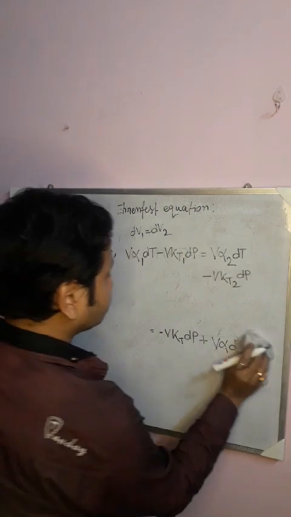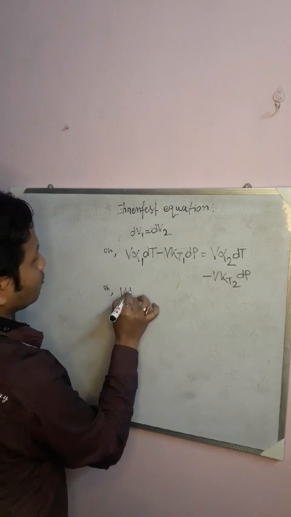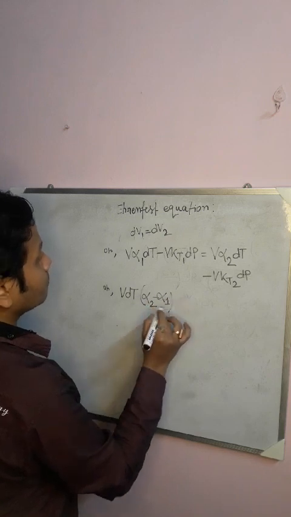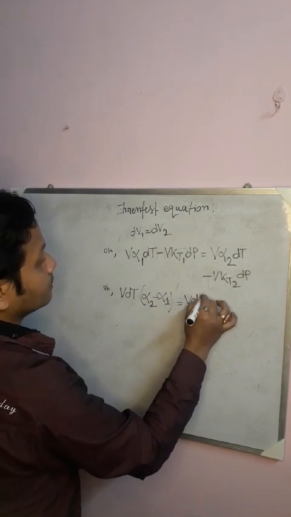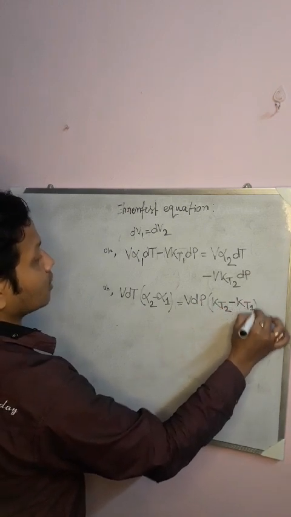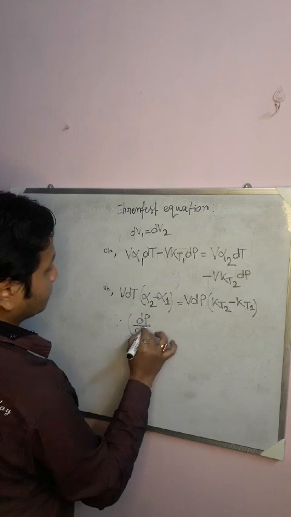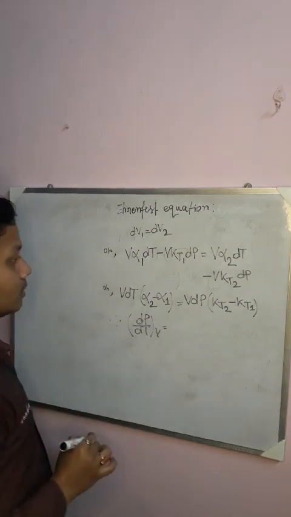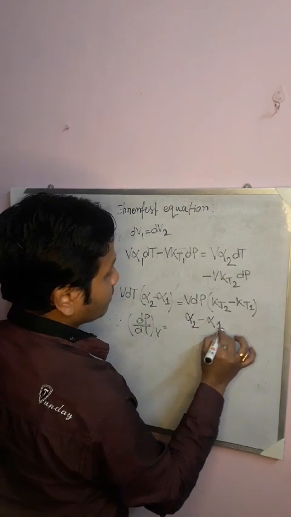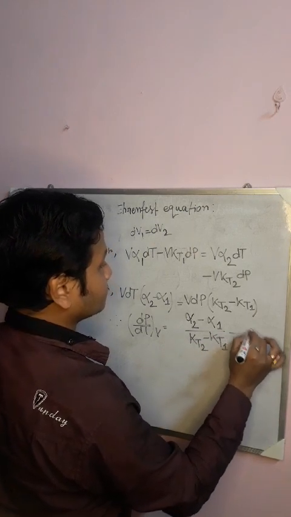Taking V dT common, this is alpha 2 minus alpha 1, and this is V dP (Kt2 minus Kt1). So dP dT at constant volume will be alpha 2 minus alpha 1 divided by Kt2 minus Kt1.